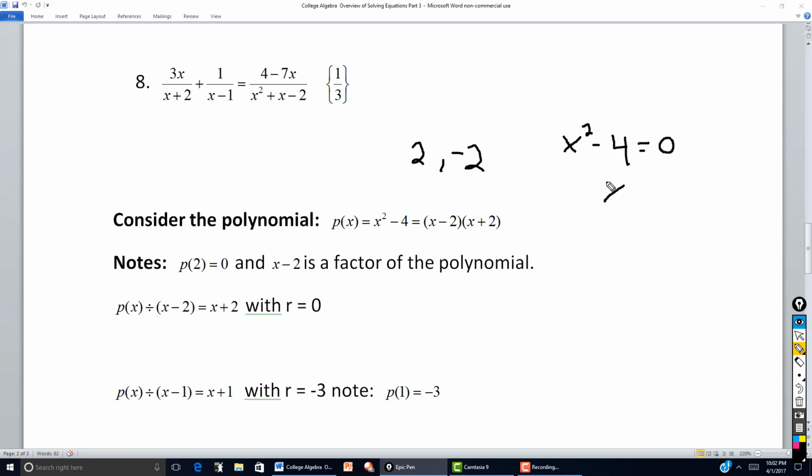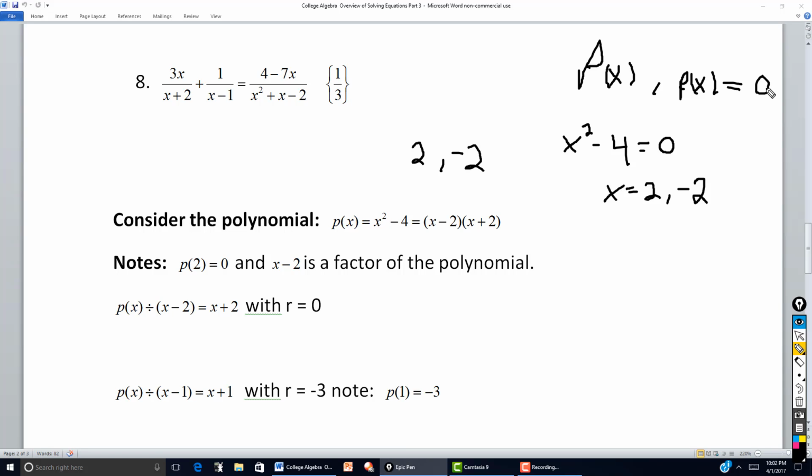Well, it should be clear that those numbers are 2 and negative 2. So keep in mind the relationship between the zeros of a polynomial p of x and how it relates to solving, say, p of x equal to 0.